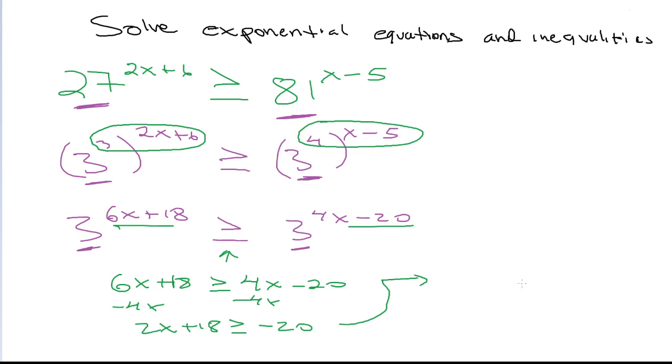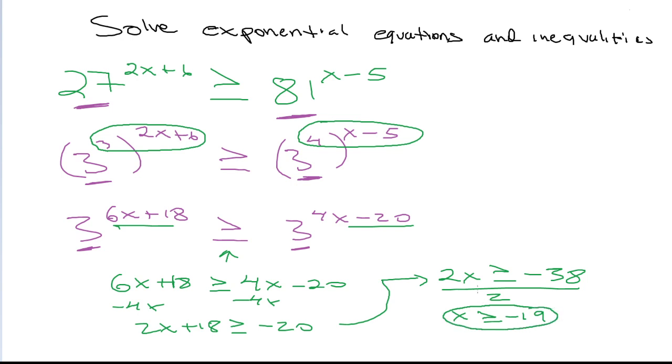Minus 18 on both sides, and we get 2x is more than or equal to negative 38. Divide both sides by 2. X is more than or equal to negative 19. Just one quick reminder, when you divide or multiply by a negative, the inequality will be switched.